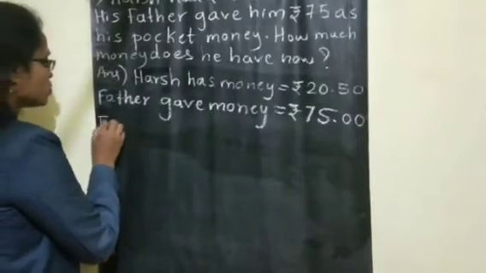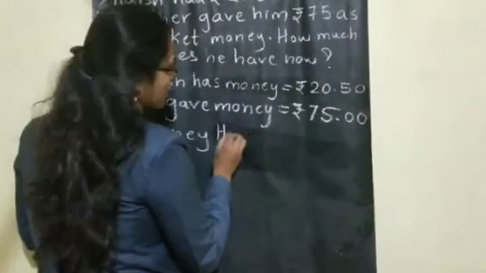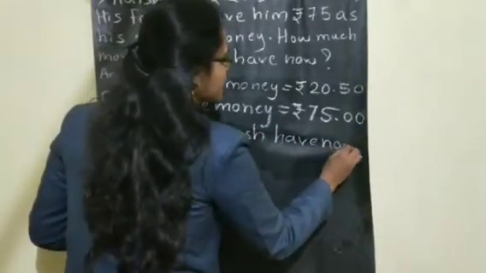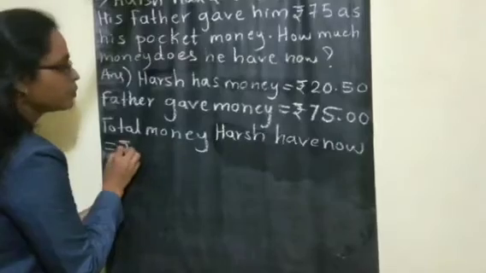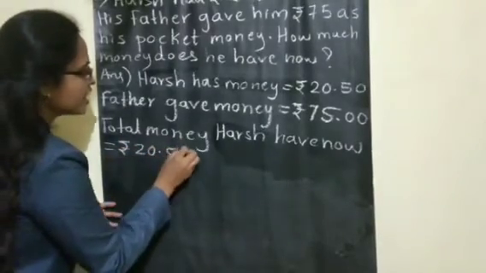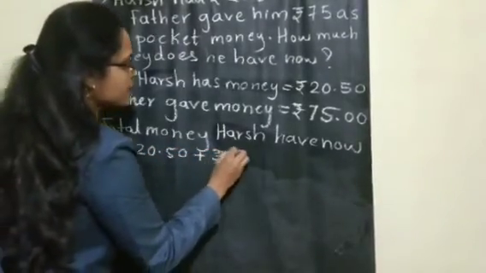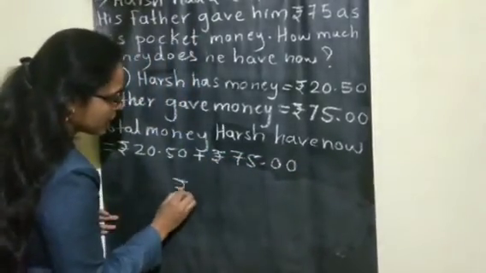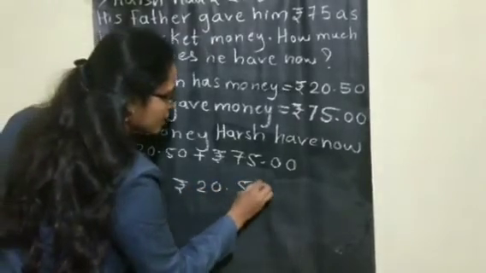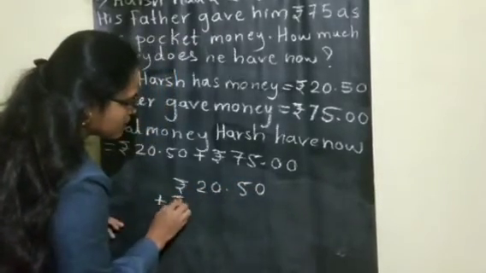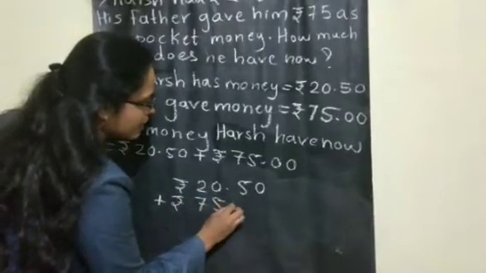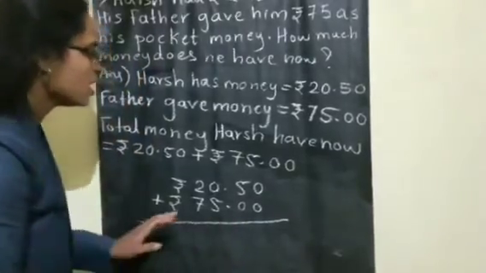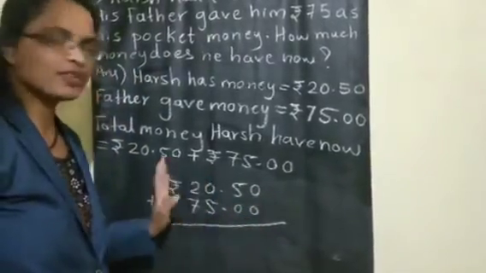Now total money Harsh has now is equal to rupees 20.50 plus rupees 75. So arrange properly in the vertical form, children. And while arranging here you will understand why we have written 00, because it will help us understand better the paise difference and rupees difference.